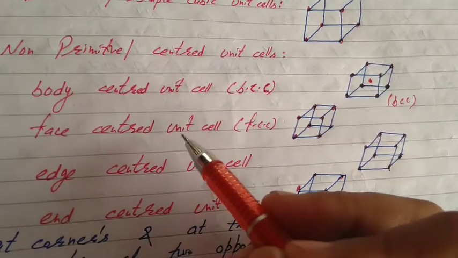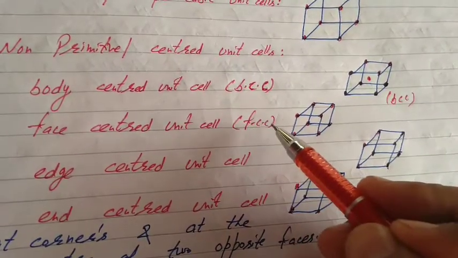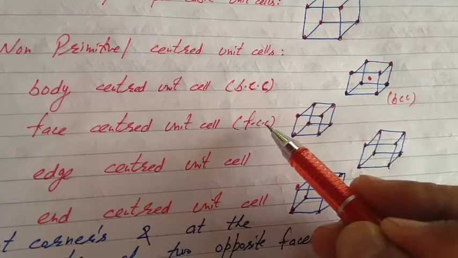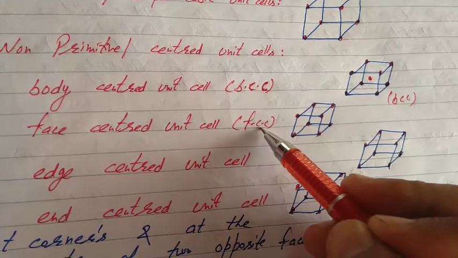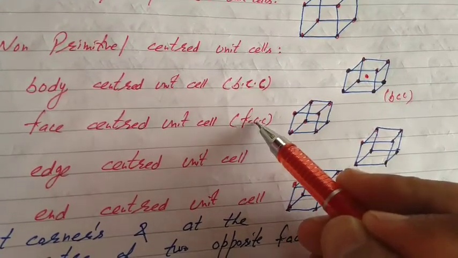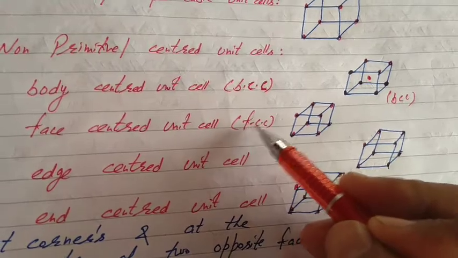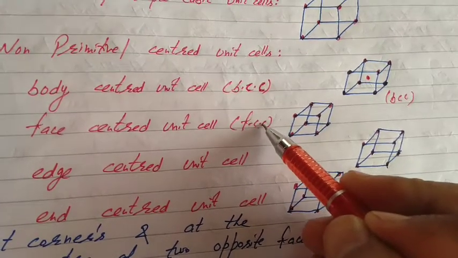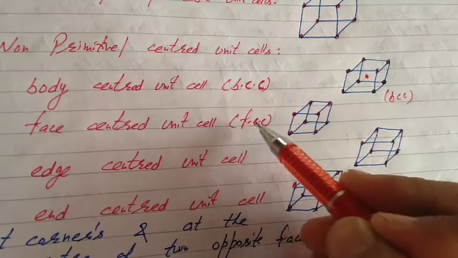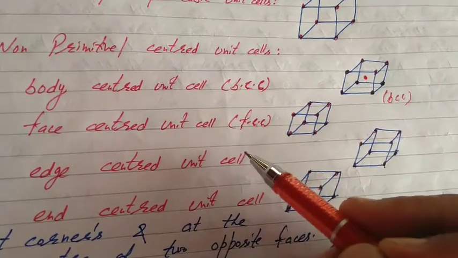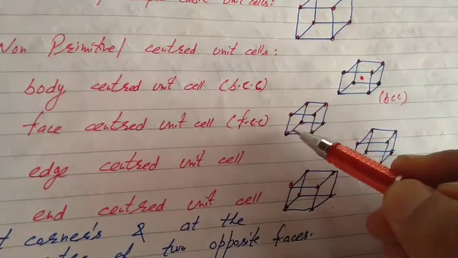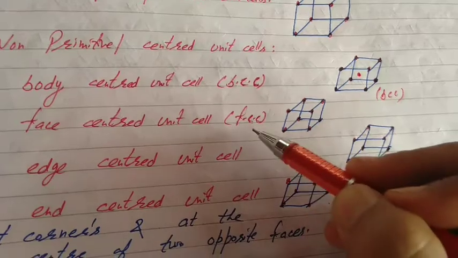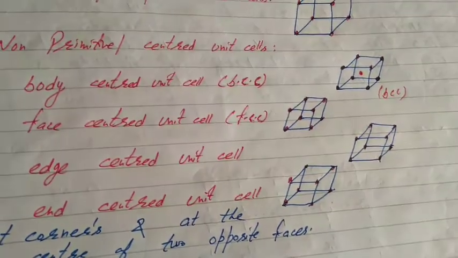Second, face centered unit cell, FCC, face centered cubic. Constituent particles at corners plus 1 at the center of each face. First priority to corner. Now it is FCC, plus 1 particle at the center of each face.